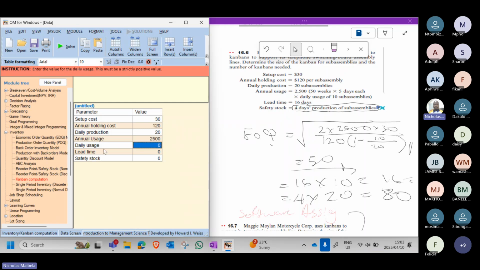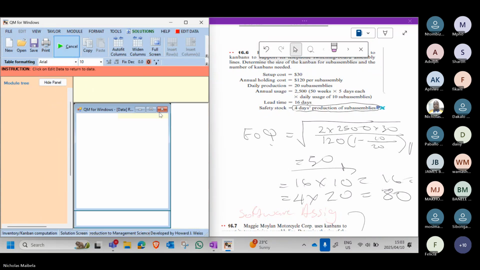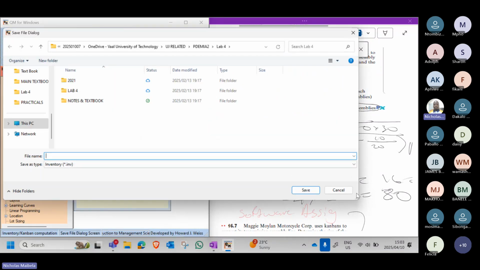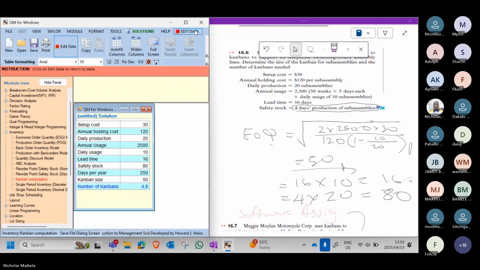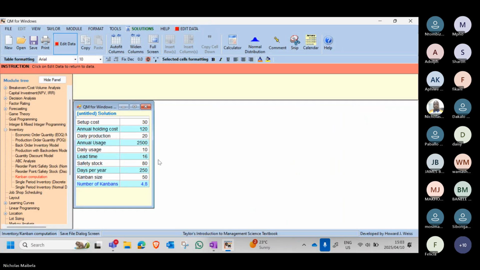I think it's a 10. Lead time it's 16. And then safety stock is 80. Then solve.